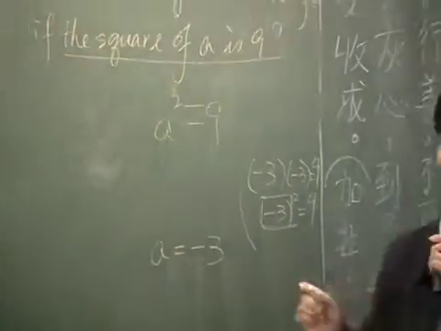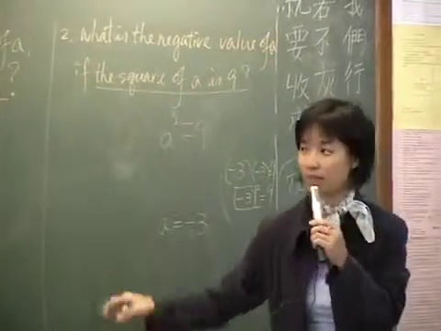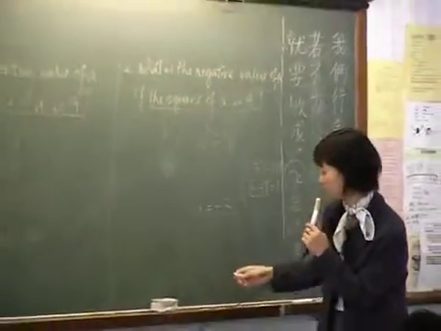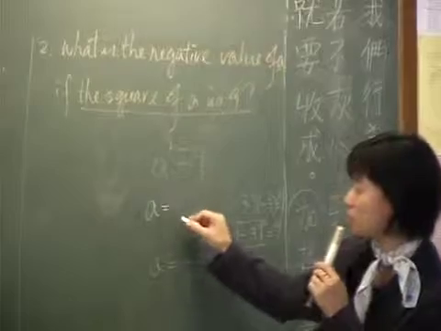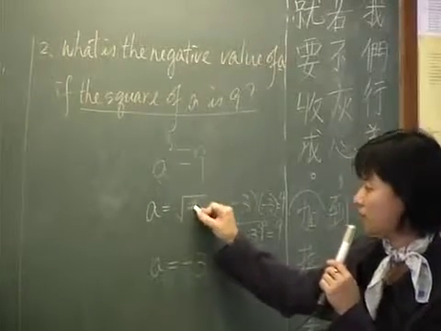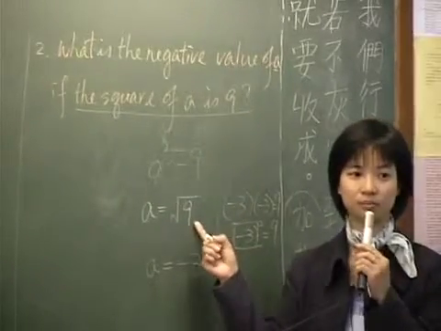Okay? So now can we solve it in steps like this? First of all, what's the difference? A is equal to the square root of 9. Is it the same?